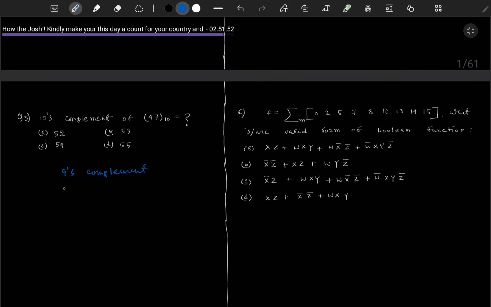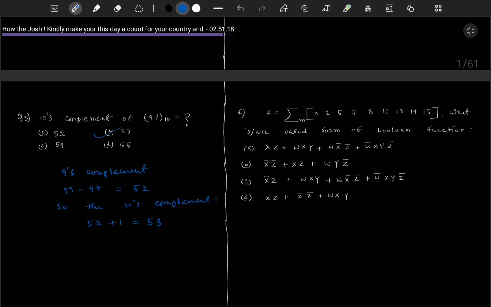Like we first find one's complement, then two's complement, similarly here first the nines complement, then we can simply add 1. For finding the nines complement we need to do like this. So the tens complement is 52 plus 1 equal to 53. So option B it is matching.